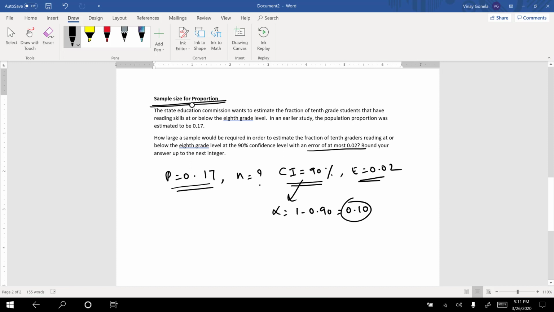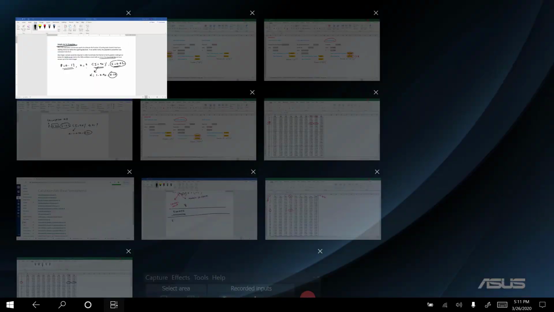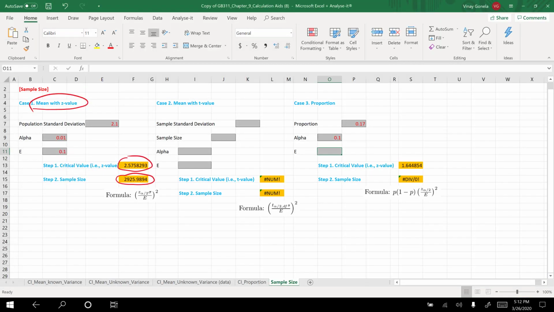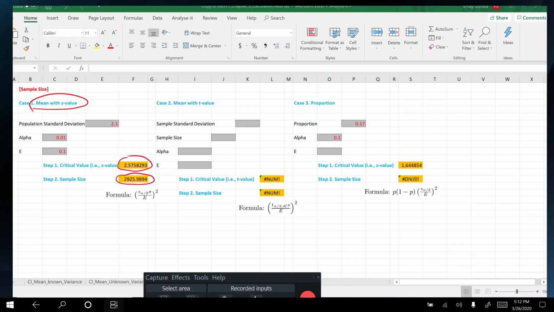Margin of error is 0.02, so I go and type in margin of error 0.02. Let me check, it's 0.2 or 0.02.